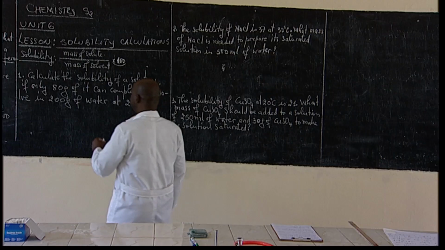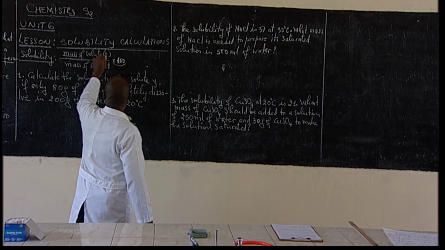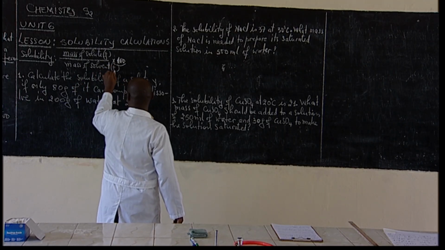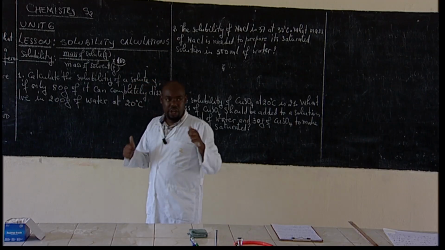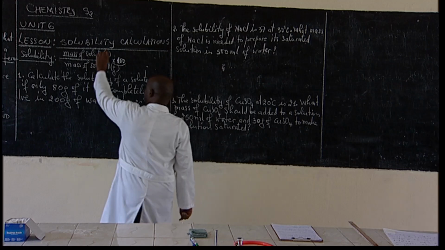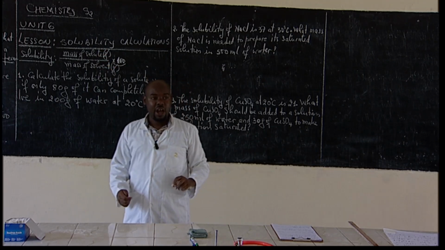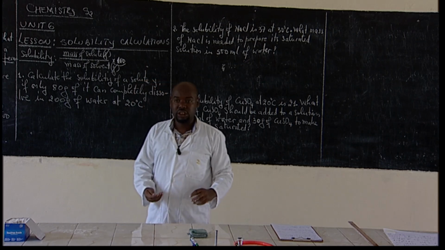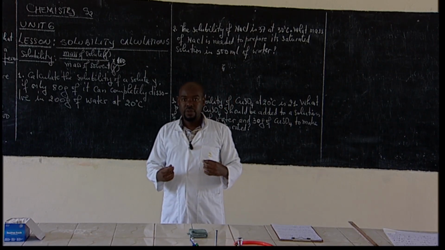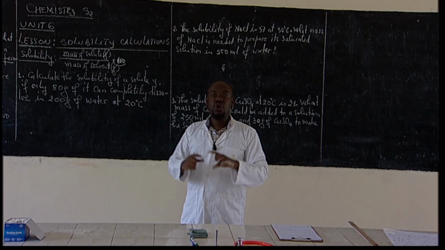And as you can see, here we have mass, which will be expressed in grams, and here we also have mass of the solvent, which will also be expressed in grams, and because of that, gram and gram will cancel out, and then we have a dimensionless quantity. So that solubility has no units.